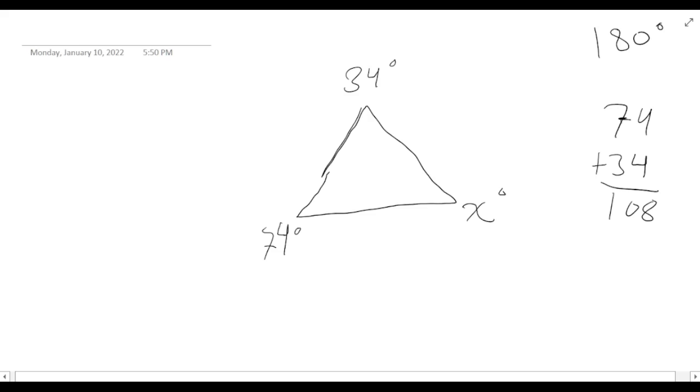So now let's write this out. So we have 108 degrees plus x equals 180 degrees. And now that we have it in this form, we'll subtract 108 on both sides.